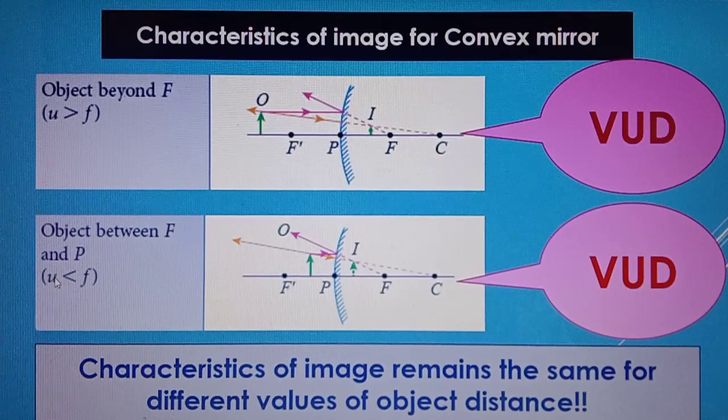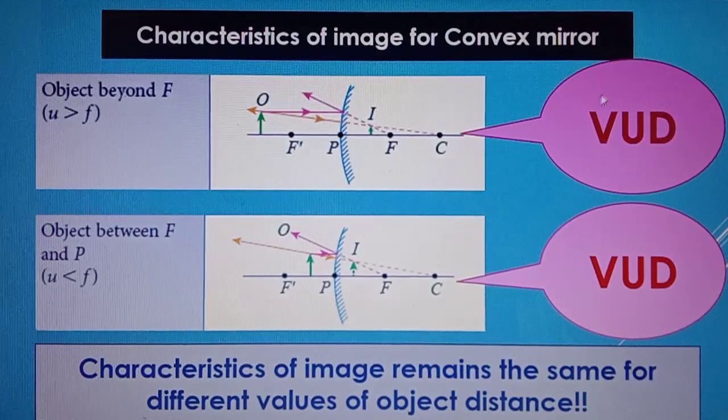If U is closer to F, same thing. You draw a ray parallel to the principal axis, diverge from F, a ray directed towards C reflects along the same path, extend to the back, meet here. So this is the image. We get the same characteristic of image, virtual, upright, diminished. So the characteristic of the image remains the same for different values of object distance for a convex mirror.